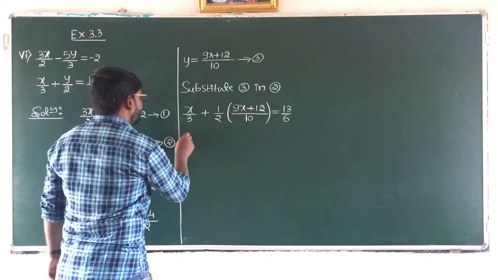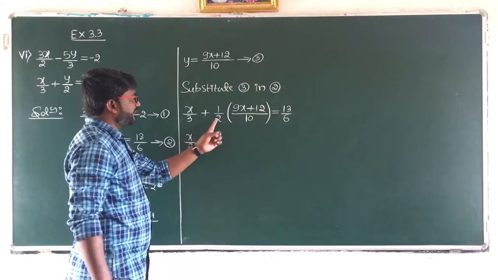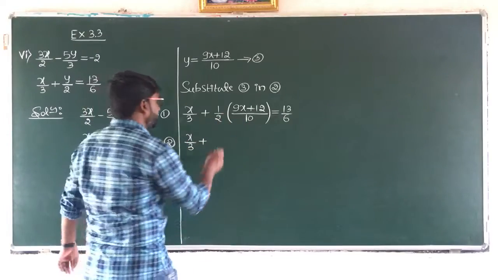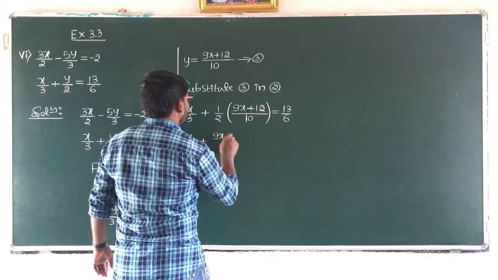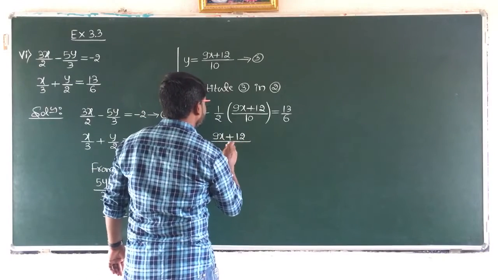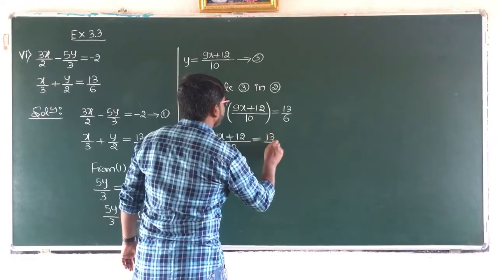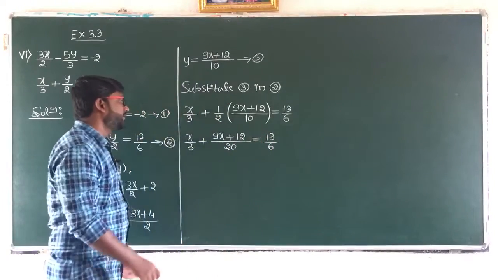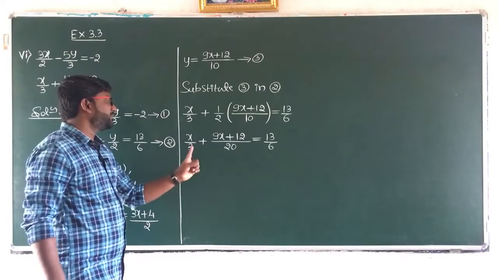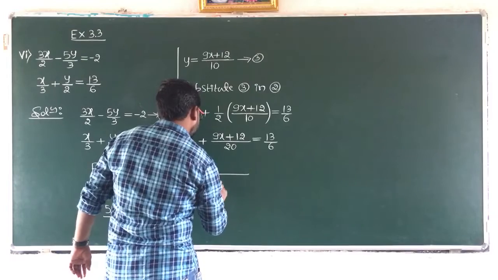So now let us simplify this further. x by 3 plus, multiply 2 with 10, we get 20. So we get (9x plus 12) divided by 20, which is equal to 13 by 6. So now we have to take up the LCM. LCM of 3 and 20 will be 60. So write 60 here.